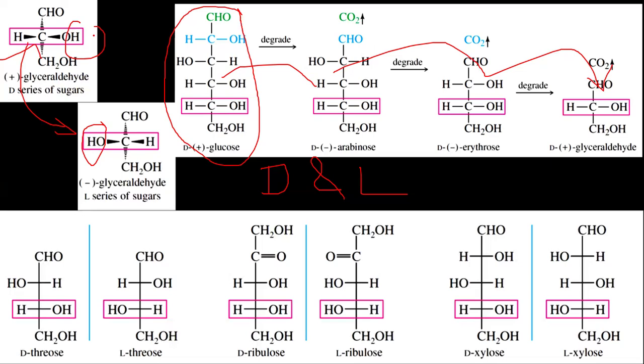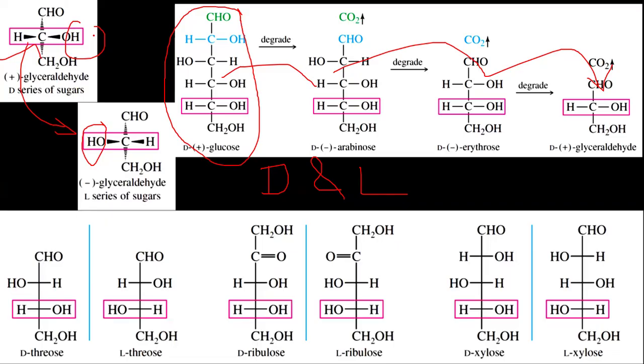If the most oxidized group is on the top, the least oxidized group at the bottom, and the last stereocenter has the OH group on your left in the Fischer projection, then it is called an L molecule. If the last stereocenter has an OH group on the right, it is called a D molecule.